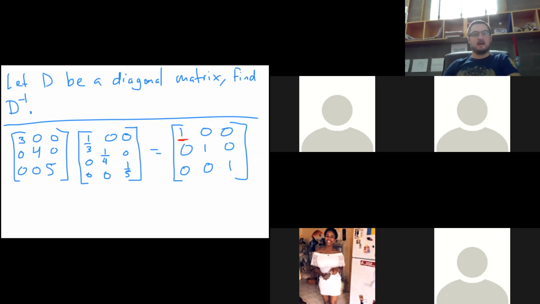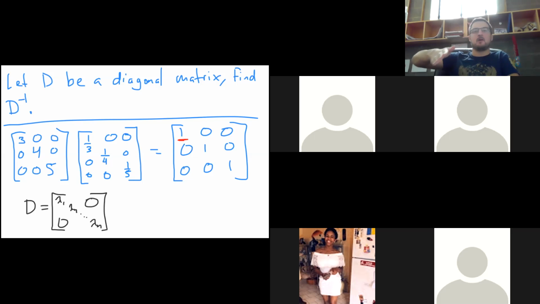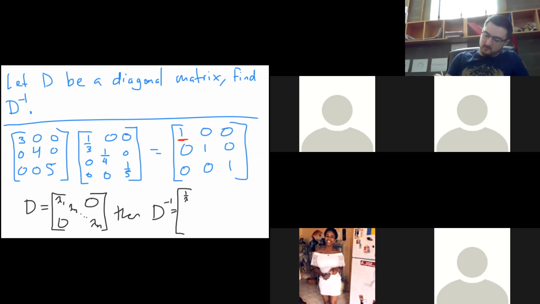So when we've been going through this diagonalization process, where we've said this diagonal matrix will be my eigenvalues all along my diagonal, the zeros elsewhere, then the inverse of this diagonal matrix is going to be 1 over each of my eigenvalues.